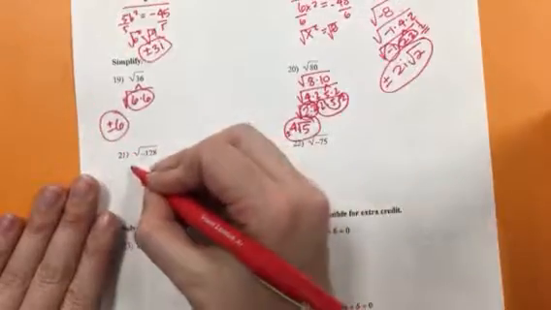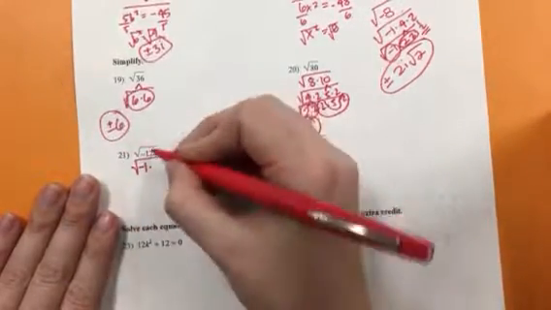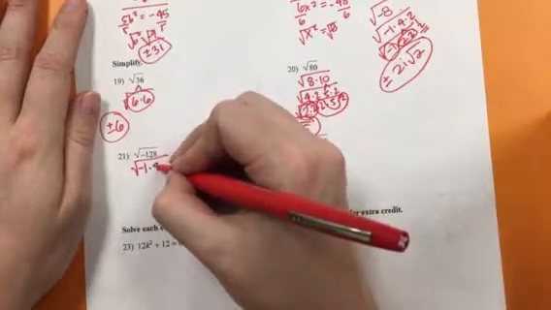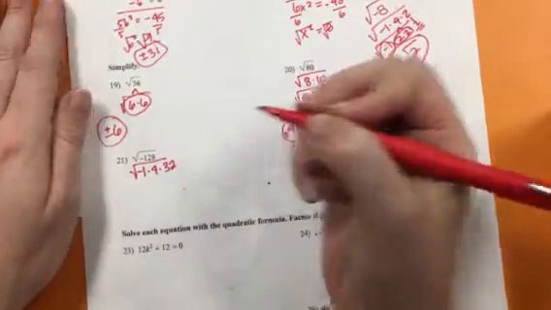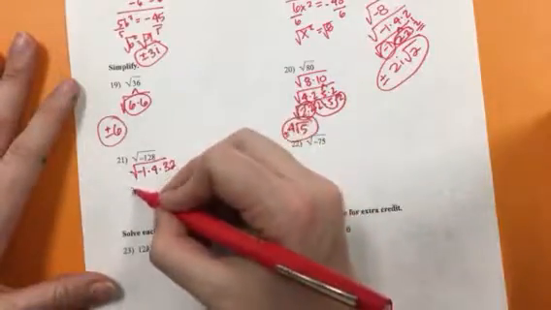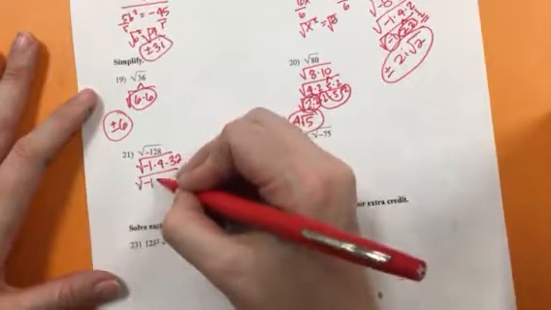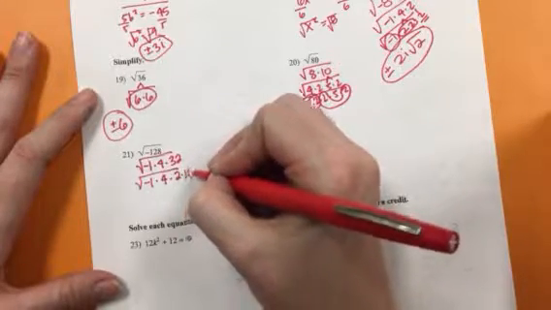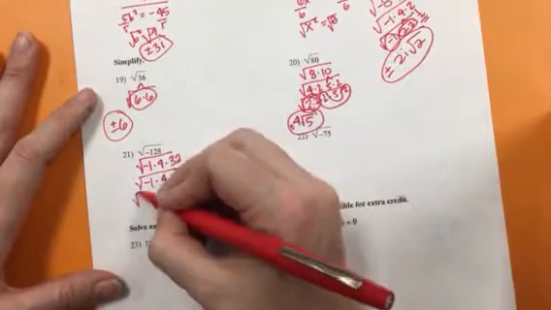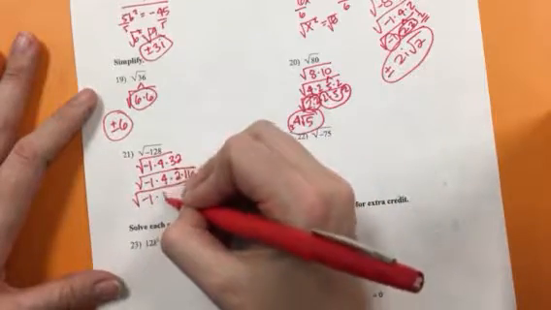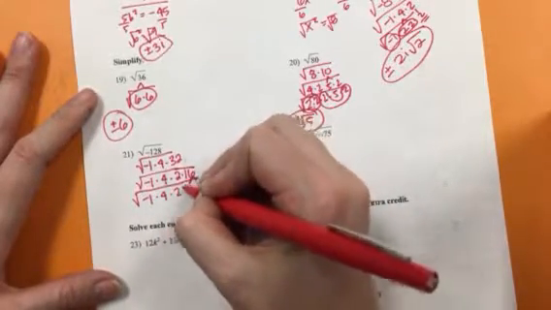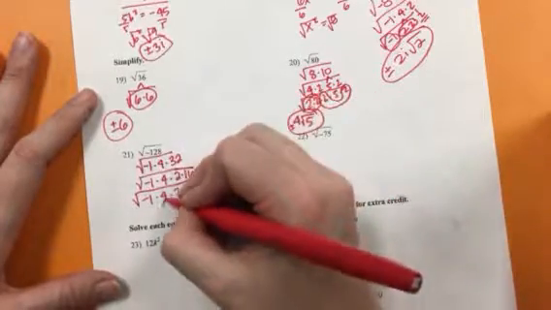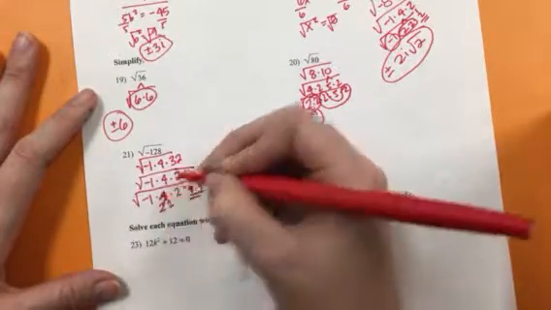Negative 128. I can break it down by, let's see, 4 will go into it, 32 times negative 1 times 4 times 2 times 16. 16 breaks down to 4 times 4, so those are paired. 4 can break down to 2 times 2.